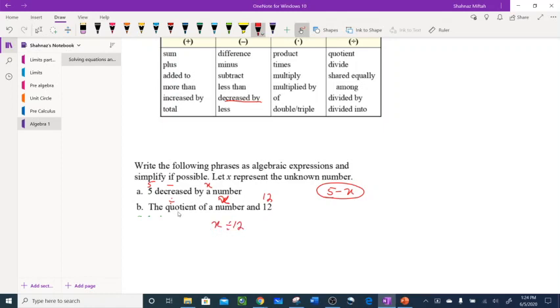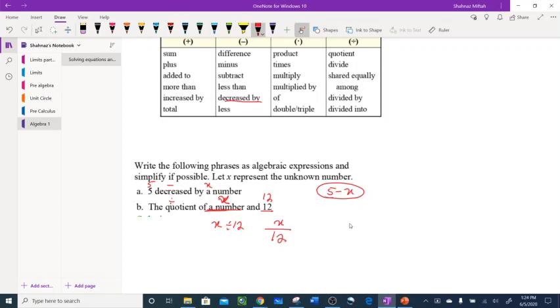Now you have to be very careful in division, because whatever they say first goes first. They said number first and then 12 comes later, so that number is going to be first. This number is going to be the numerator and 12 is going to be the denominator. So the quotient goes in order.